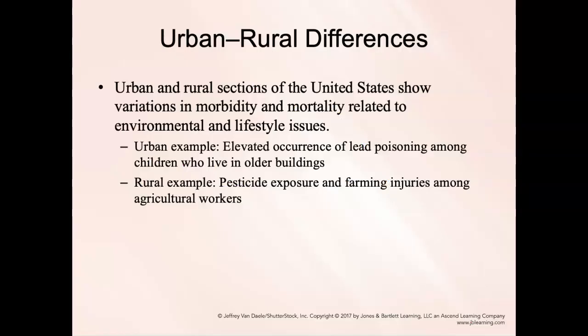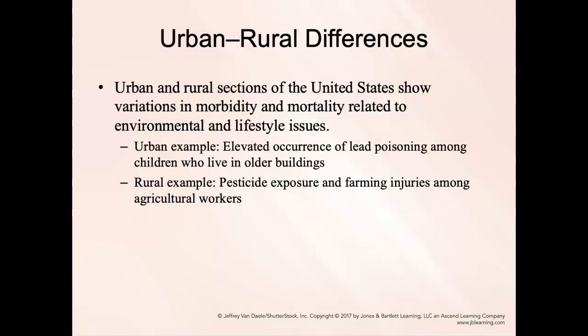Urban and rural differences is also a really important area in terms of a place variable. We tend to see that the burden of disease in terms of morbidity and mortality often has really great variation between urban and rural areas.